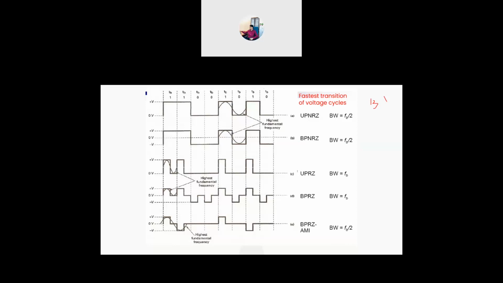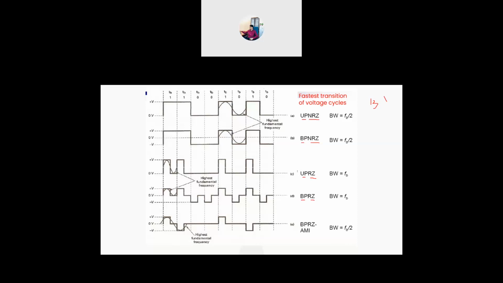Line coding: here UP is unipolar, and this one is non-return to zero. This one is BP, bipolar, non-return to zero. This one is unipolar, return to zero. Bipolar, return to zero, and BP RZ. This is bipolar, return to zero.